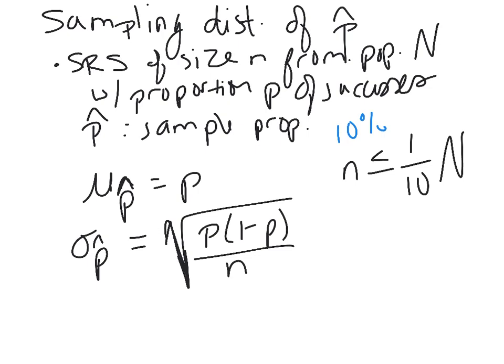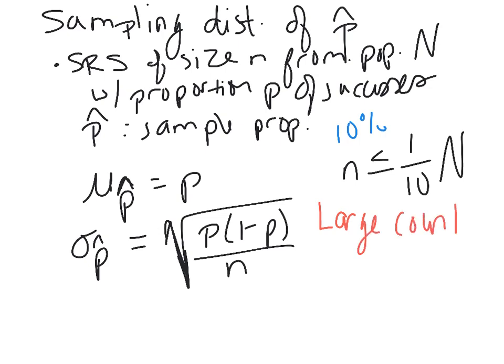As n increases, as my sample size increases, the sampling distribution of p hat becomes approximately normal. I need to check what's called the large counts condition.